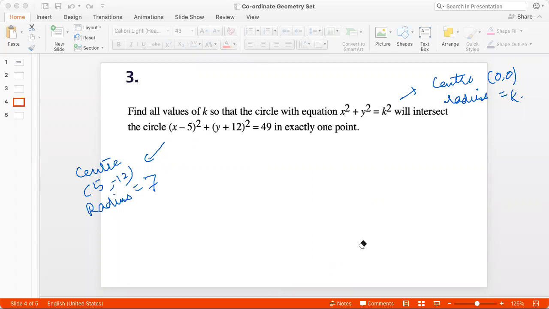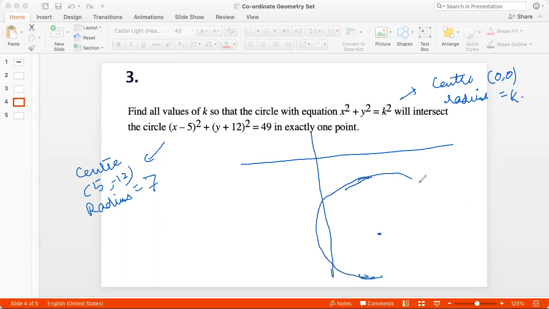So I should make the 4th quadrant bigger. So I'll probably do something like this, right? Yeah, that would make sense. So this is 5 and this is negative 12, let's say. So this is how it would look, right? This point is (5, negative 12) and my radius is 7.